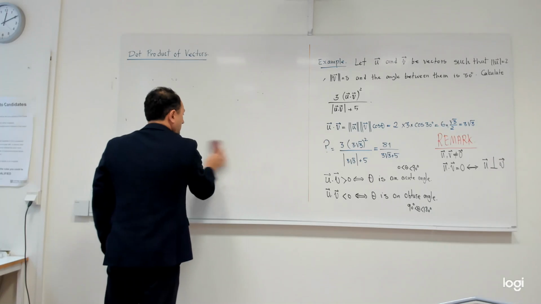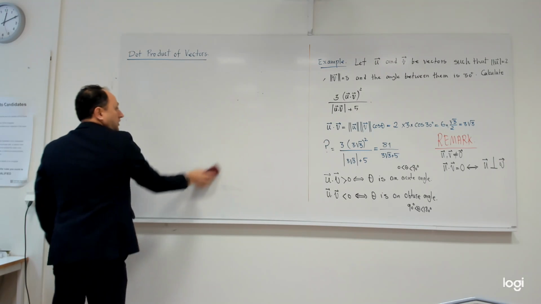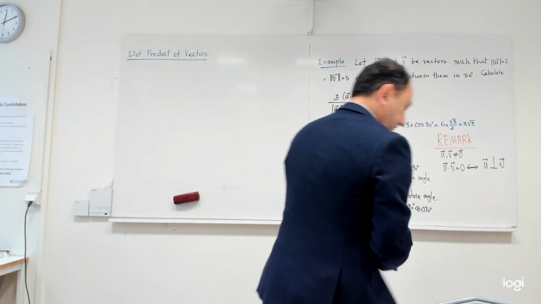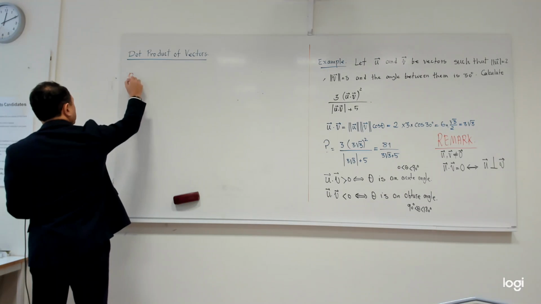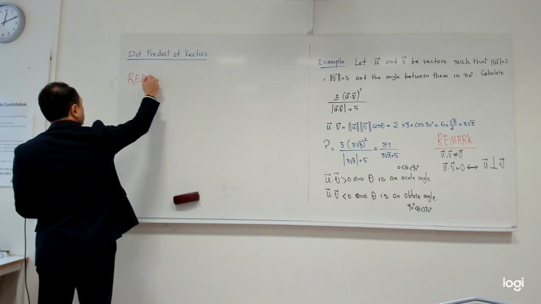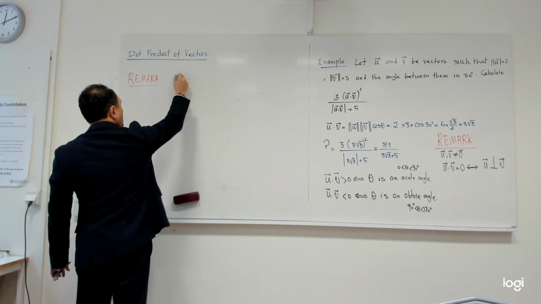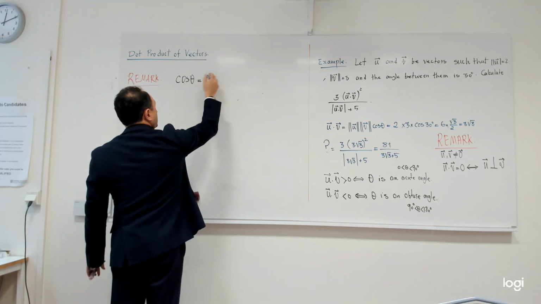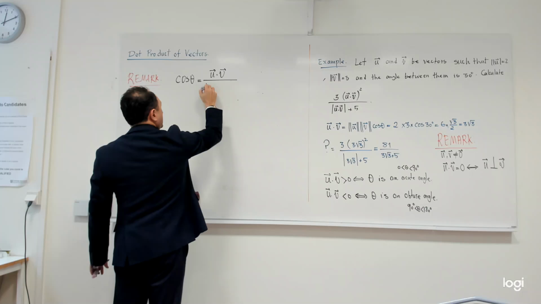Some people want to calculate the angle between two vectors. So let me also write this under the remark here. In that setup, you can write cosine of theta is actually u dot v divided by the norm of u multiplied by the norm of v.